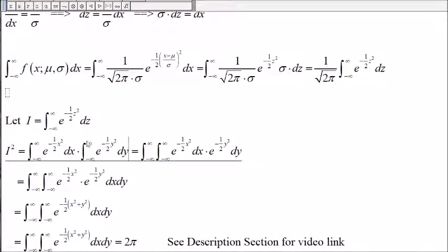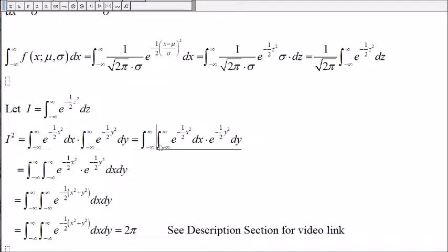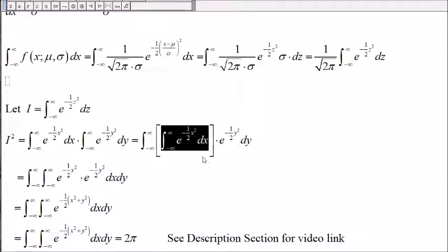This area, this integral here, there's no x, and so we could think of this as a constant with respect to y. And so we can move it inside. And then this inside integral, there's no y.